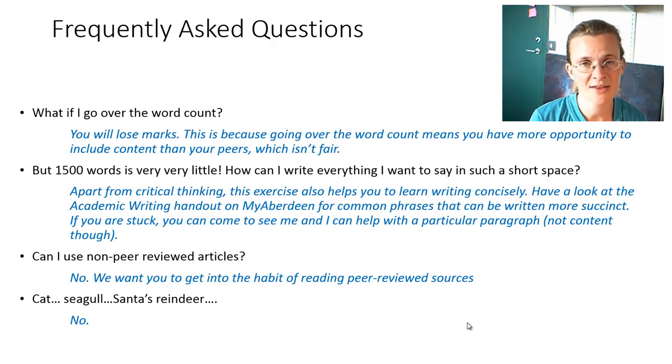You will lose marks, and that's a similar reason to what I said for the annotated bibliography, because when you write more, you will be able to include more things. You will include more argument for why an article is good or bad, which puts you at an advantage towards your peers, which we counteract by taking off marks, just to keep things fair.